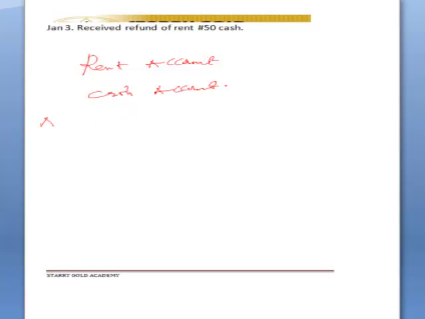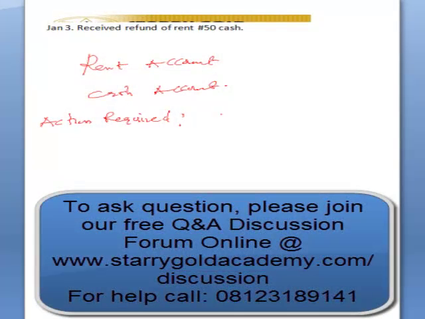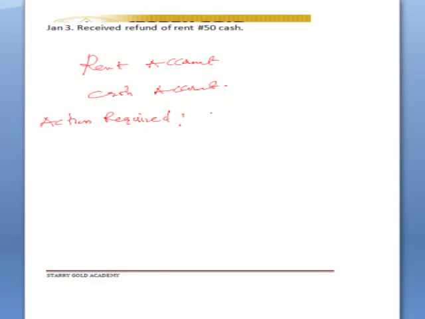What is the action required? The receiving account here is cash. So rent is giving a refund to cash account. We shall credit rent account, because there is a refund.